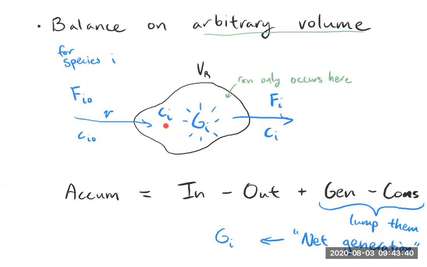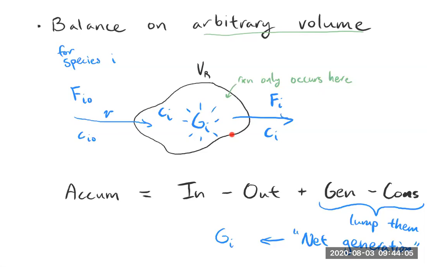It is possible that within this reactor volume we might not have something that's spatially uniform. If we want this general balance to be as generalizable as possible, we don't want to assume that there's just one concentration and just one generation term throughout the entire reactor.